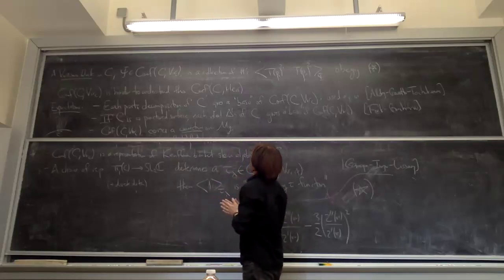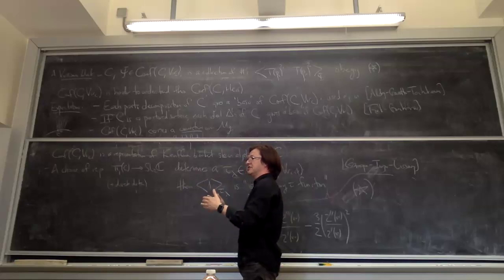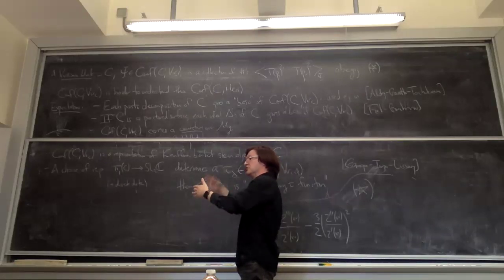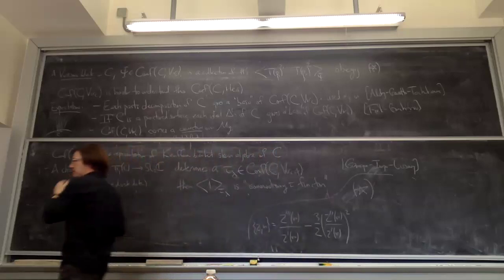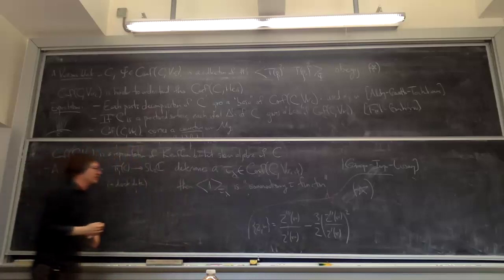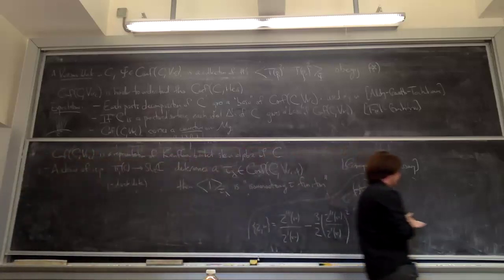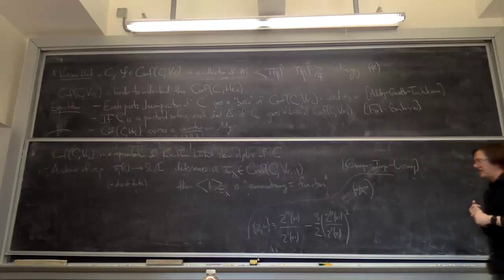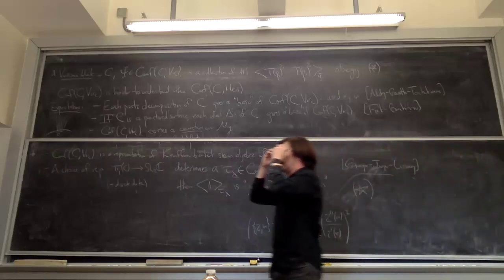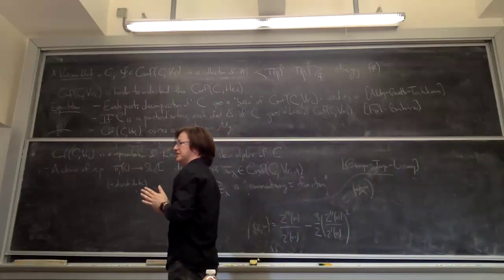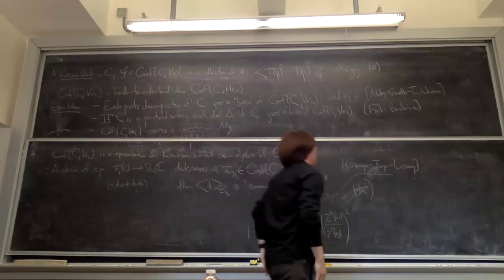So what I mean is that they can write down a bunch of elements for each pants decomposition, and then they can give you the change of basis that expresses the ones for one pants decomposition relative to another. They check that they are elements of this space, in fact conformal blocks, but they don't check that they're a basis. I see.